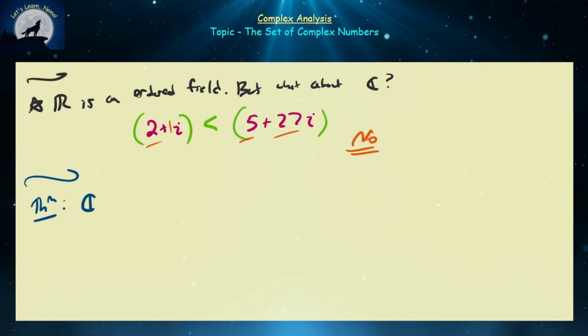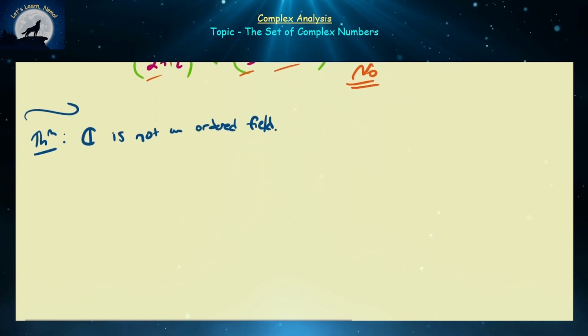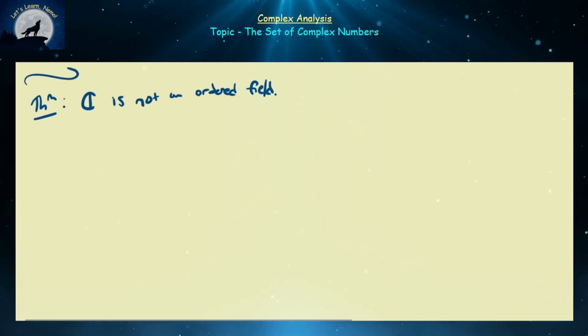So the theorem is that C is not an ordered field. We already know that C is a field, so we don't have to pick apart that particular thing. So we just need to show that C is not orderable. Okay? So how are we going to prove this?